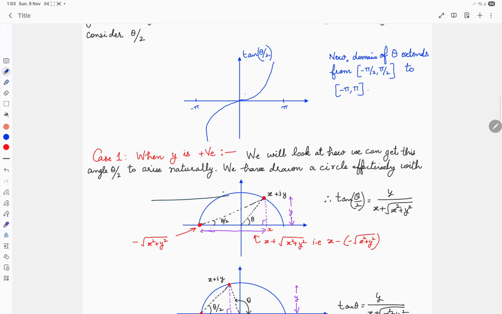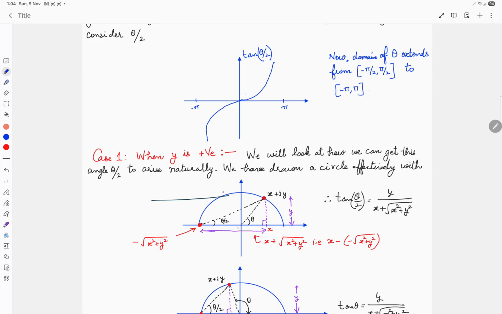Now this is a well-known trigonometric relationship that this angle has to be theta by 2. So this is theta by 2. This angle is between the x-axis and the vector from this point on the circumference, the intersection of the circumference and the x-axis.